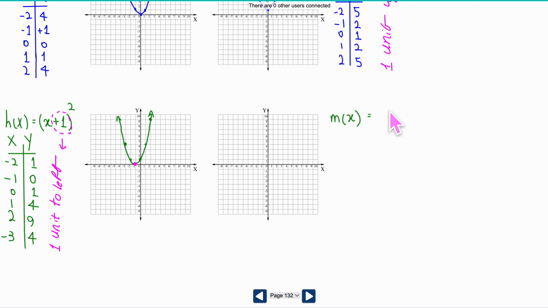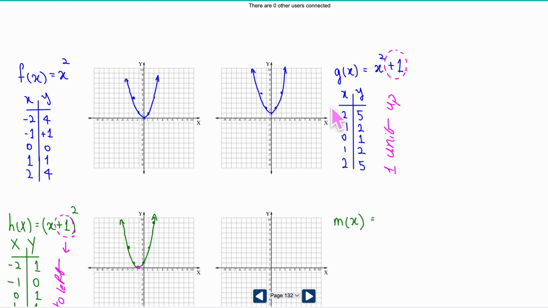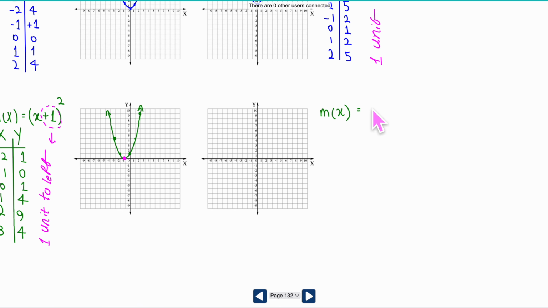Alright, we had x squared plus 1, x plus 1 squared. Now let's have 2x squared. Same values as before, -2, -1, 0, 1, 2.